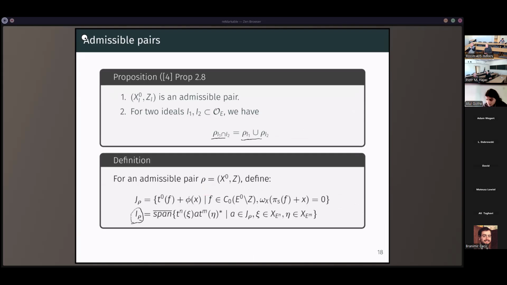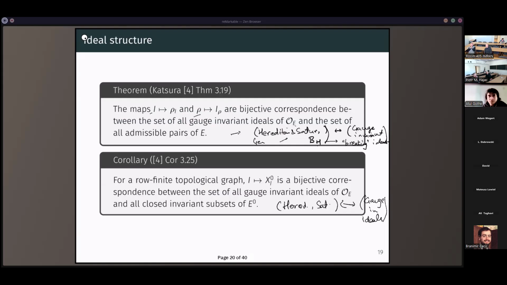Like in the discrete case, the gauge invariant ideal comes from some hereditary and saturated subset of E0. Does that answer your question? Yeah.